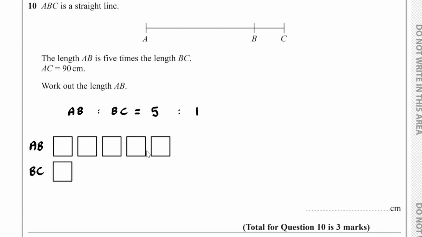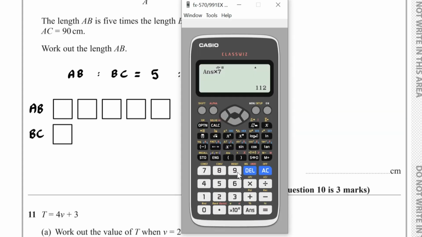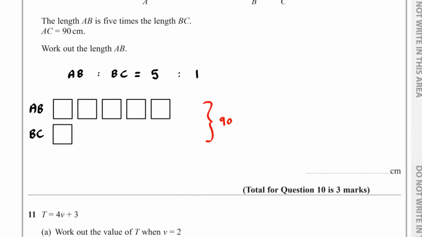So we've got AB to BC being 5:1. In total, we've got 90 centimeters. So we've got 6 parts in total. 90 divided by 6 is 15. That means we've got 15 per part.